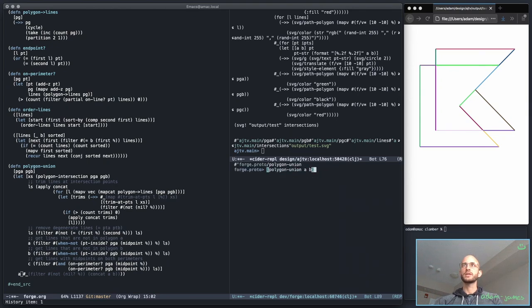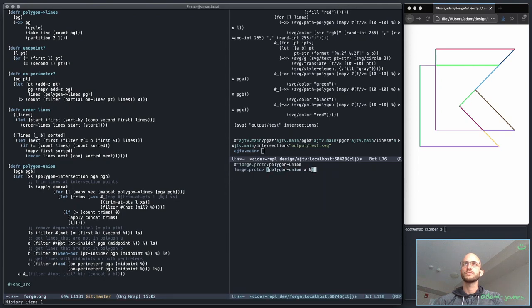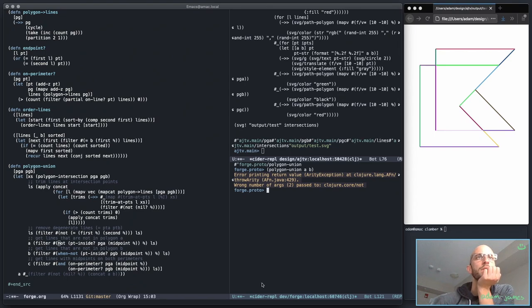If I run this again, just to get the list A, and now if instead of when not, I just make it not, I want to see if that returns. Oh, wait a second. What did I mess up here?